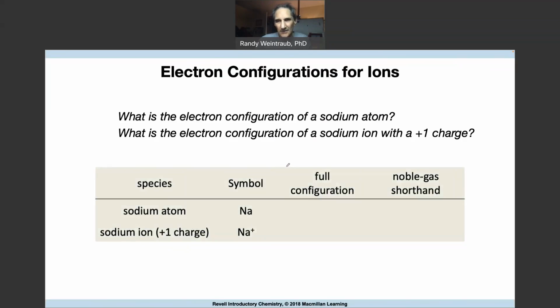Let's construct a table to show both the electron configuration and the noble gas shorthand for both species. We begin with the sodium atom. Its atomic number is 11, so the neutral atom shows 11 electrons. Now, we see that in its highest energy level, there's 1 electron.